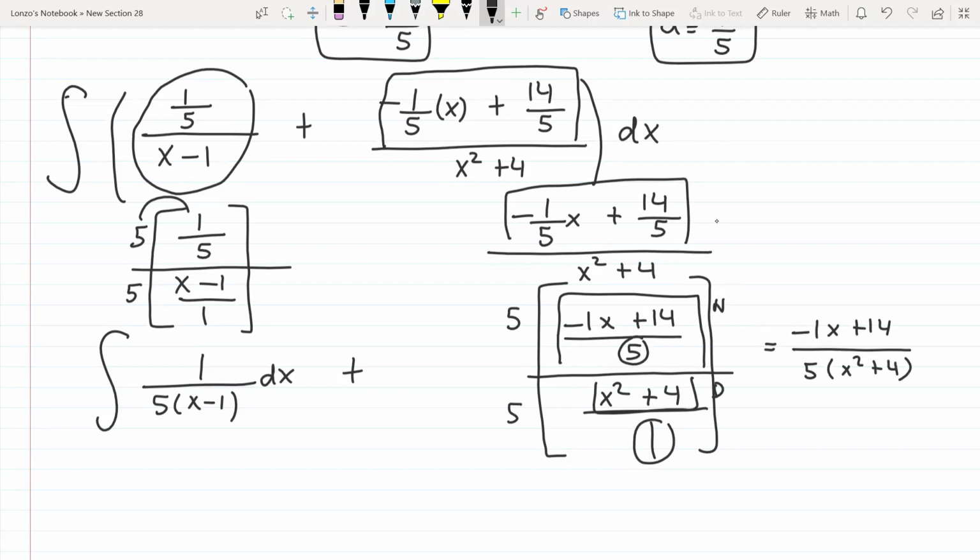I'm not going to FOIL it out, I'm just going to leave it like this. So this whole thing, when simplified, will be negative 1x plus 14, and then you have 5 parentheses x squared plus 4 dx.